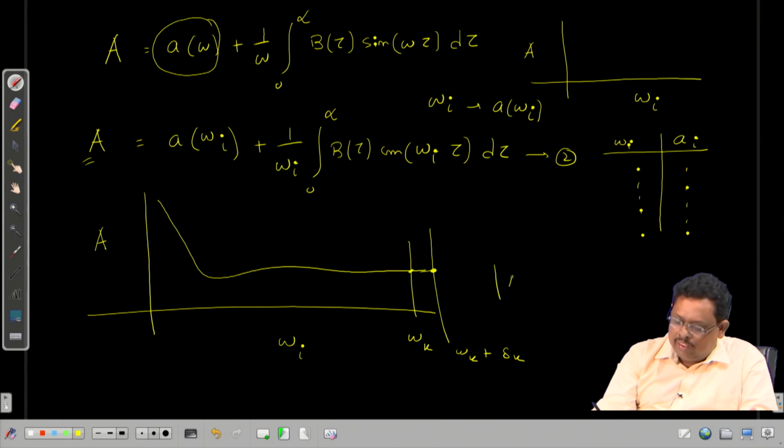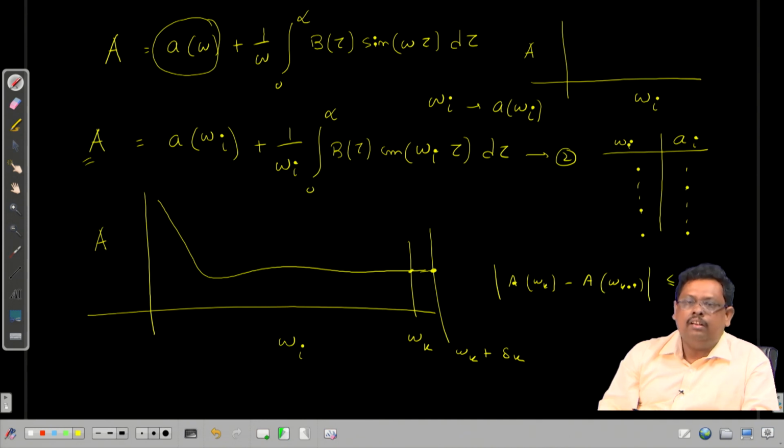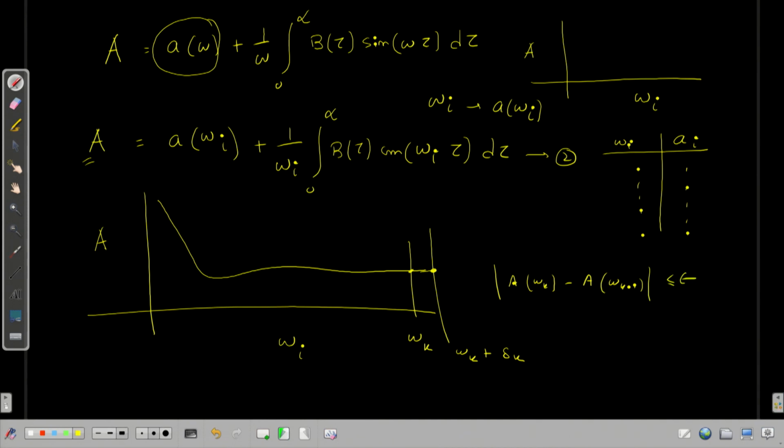If the difference of A at omega k minus A at omega k minus 1 is less than epsilon, then at that point I can say this is my infinite frequency added mass, A infinity, right.